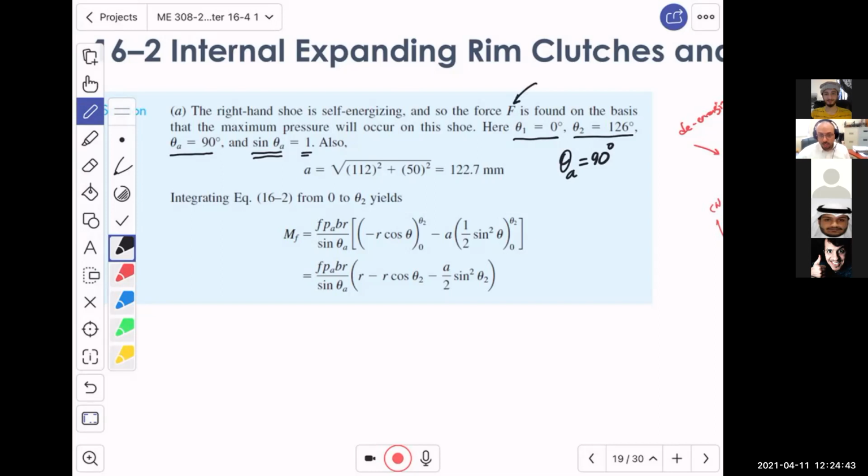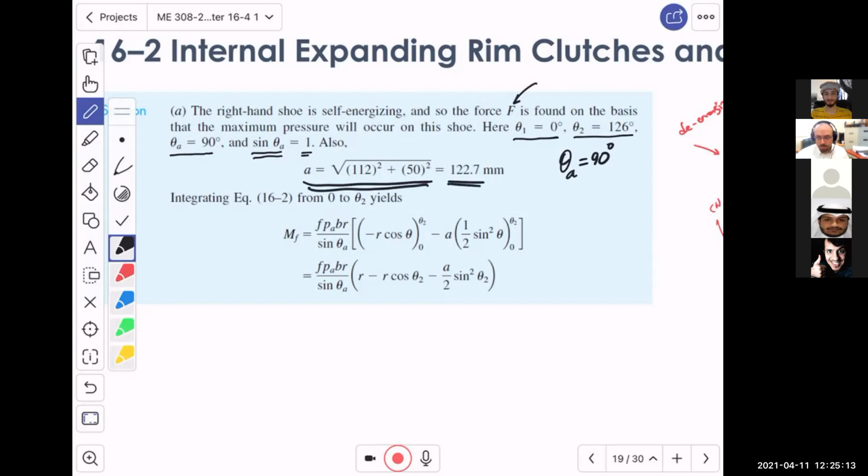You will see now that the self-energizing will reach the maximum pressure. This will generate more forces and it will become way more critical than the de-energizing. Okay, so again, this is A, as I showed you earlier. It is the hypotenuse, the square root of 112 squared plus 50 squared. So this is how much?